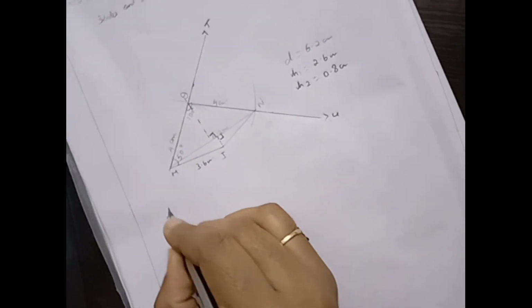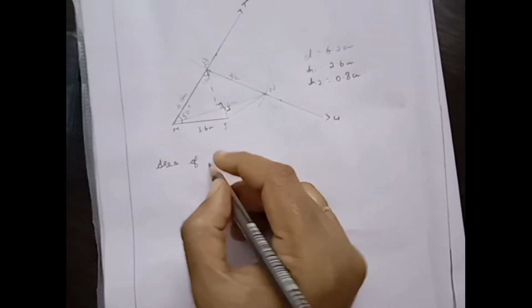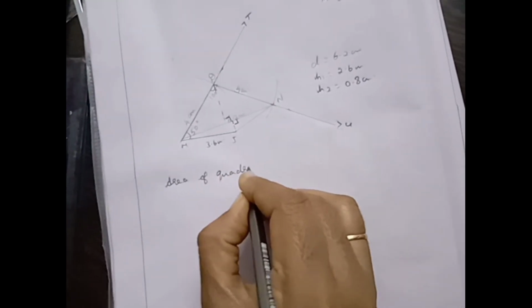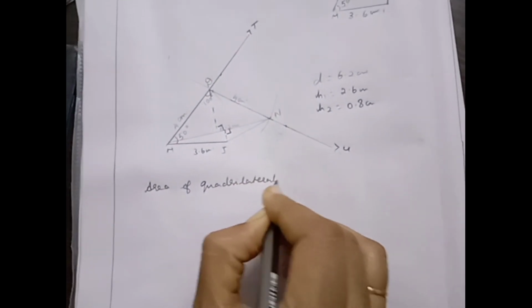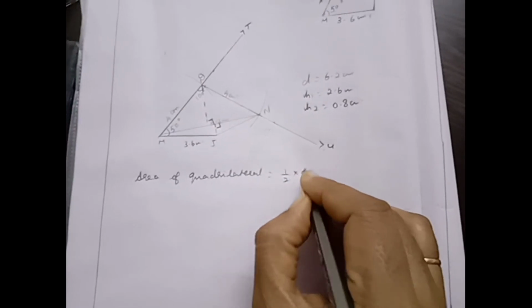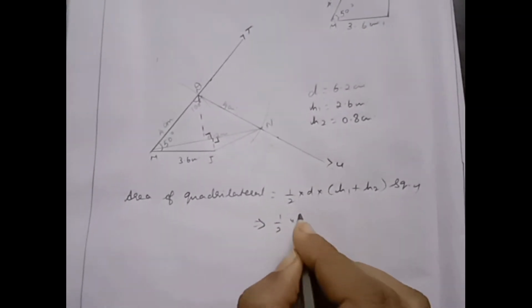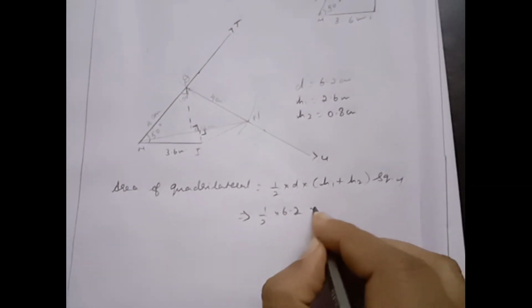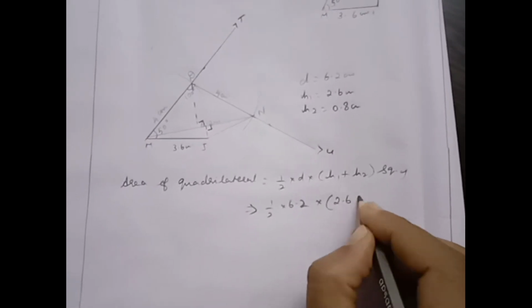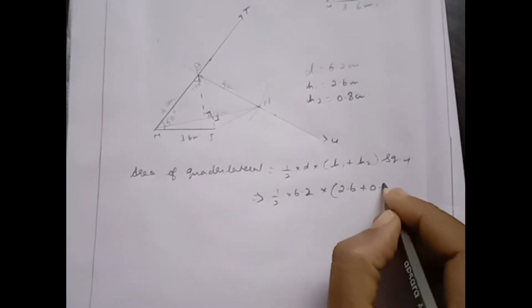Therefore, area of quadrilateral, half D into H1 plus H2 square unit. D value is 6.2, 2.6 plus 0.8.